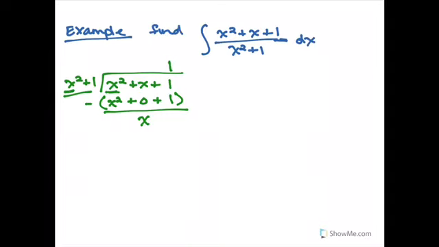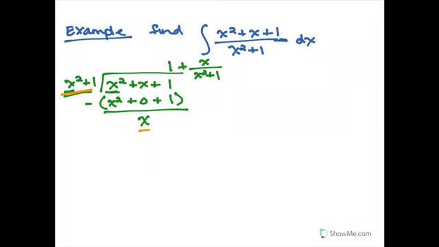And 1 minus 1 gives me 0. So I'm left with x, and that's going to be the remainder because there's nothing that I can multiply x squared plus 1 by and get x, right? It's now less than what I'm dividing by, so that makes it the remainder. So we put that over what we're dividing by.